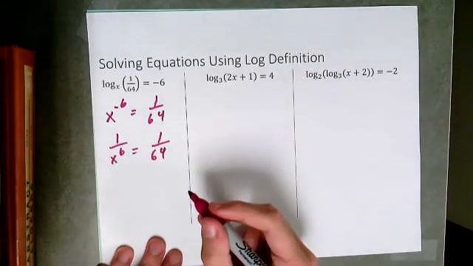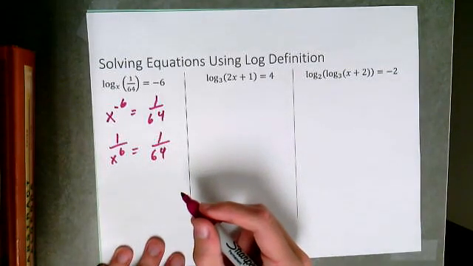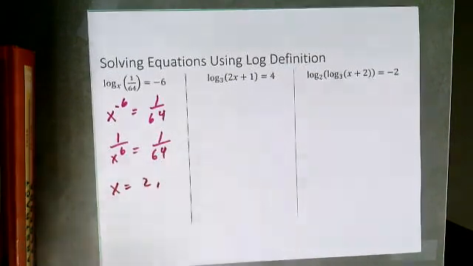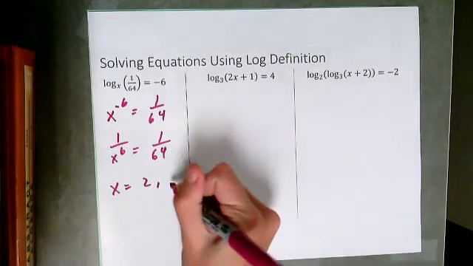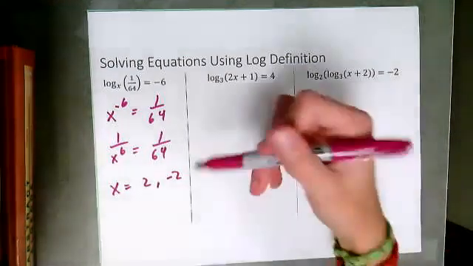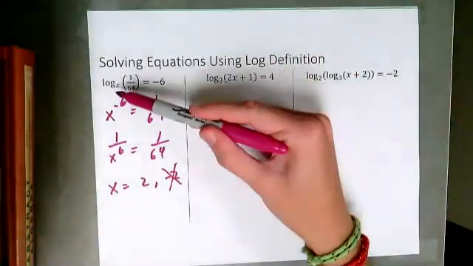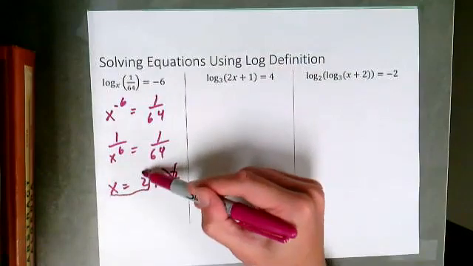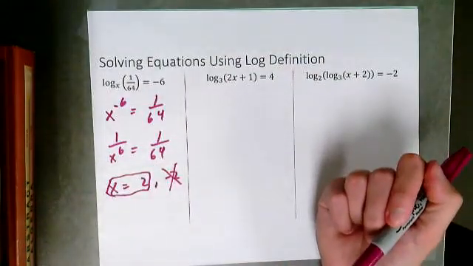So if we take the 6th root of 64, we get x is equal to 2 or -2, right? But these are the possible solutions for x, and we cannot have -2 be a solution because x is the base of the log, so it has to be positive. So this is our only solution.